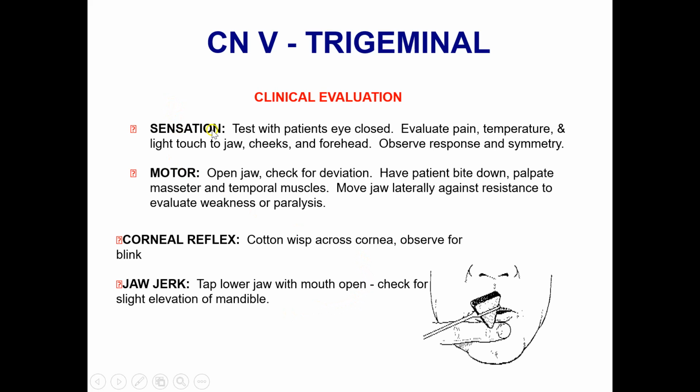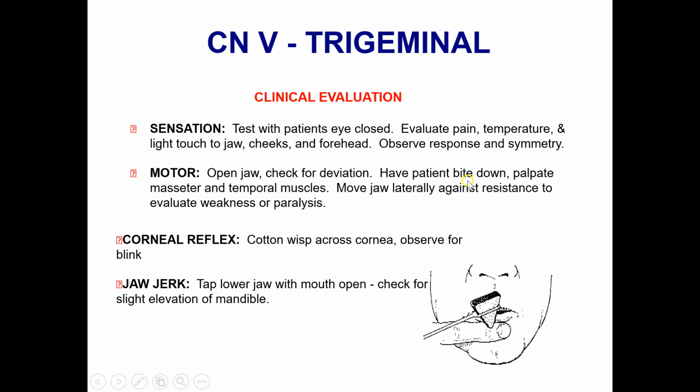Clinical evaluation of sensation, we discussed: test with patient's eyes closed, evaluate pain, temperature, and light touch on jaw, cheeks, and forehead, means in the 3 distributions. This is the important slide to remember. Observe response and symmetry on both sides. Motor examination includes opening the jaw, checking whether the patient closes normally or not, and checking for deviation of the jaw on inspection.